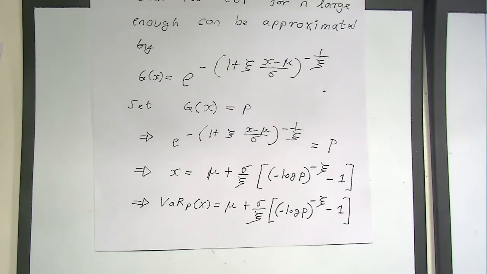Okay? Right. Now to estimate VaR, there are three parameters we need to estimate: the mu, the sigma, and psi. Now, what I'm going to do is the following.